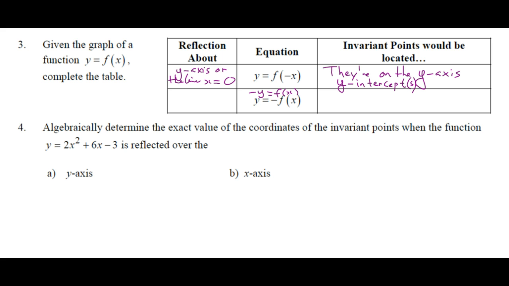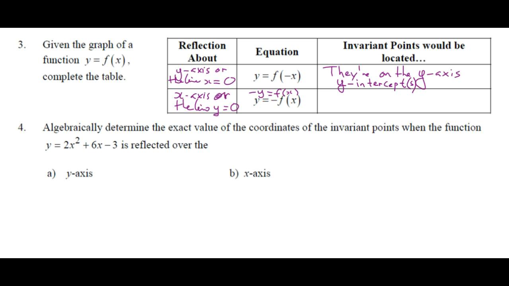Now, if you need to, you can back it up a step, right? Oh, I see y equals negative f of x. That means that this started out as negative y equals f of x, which means that y was replaced with negative y. If that happens, that's a reflection about the line y equals 0, which is the x-axis.